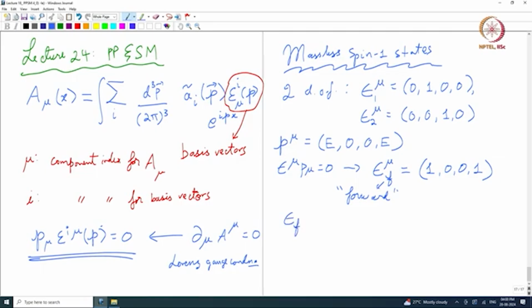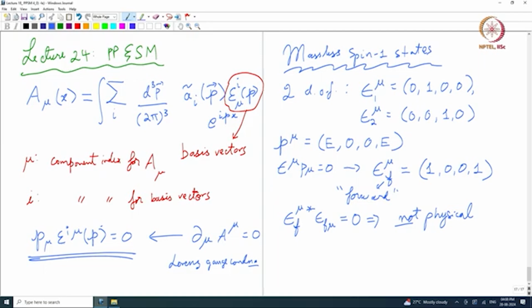You want this to be -1, but is it -1? No, this is manifestly 0, and that tells me that this is not a physical polarization. Okay.